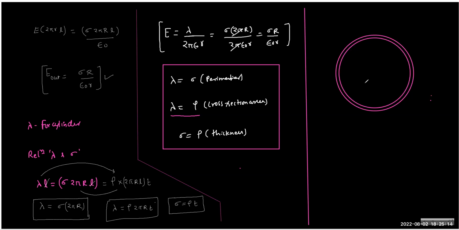You can see this is the cross-sectional view, right? If I choose any point P, I want to prove that no matter which point you choose P, the field is 0 here. So to prove that, I will draw a line passing through P, just like that.